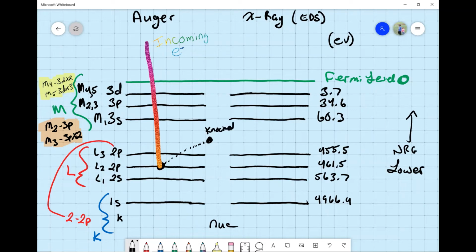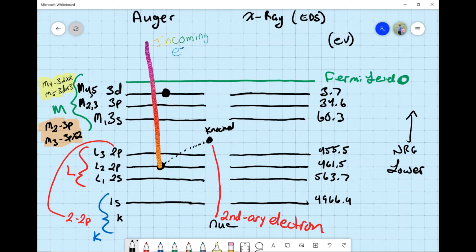Boom. This actually becomes a secondary electron. Alrighty. Now we have this kind of cascade reaction that happens. And this electron, and it can be others, but this electron now decides to take its place.